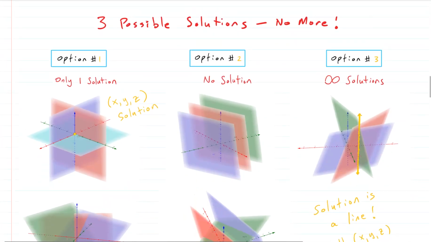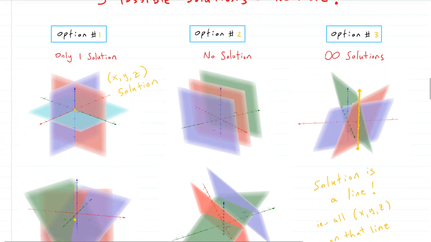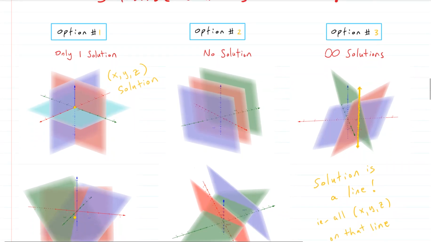Let's talk about possible solution categories. Just like in linear systems of two variables, we have three options for our solution types. The first option is only one solution, where the solution is a point in three space.